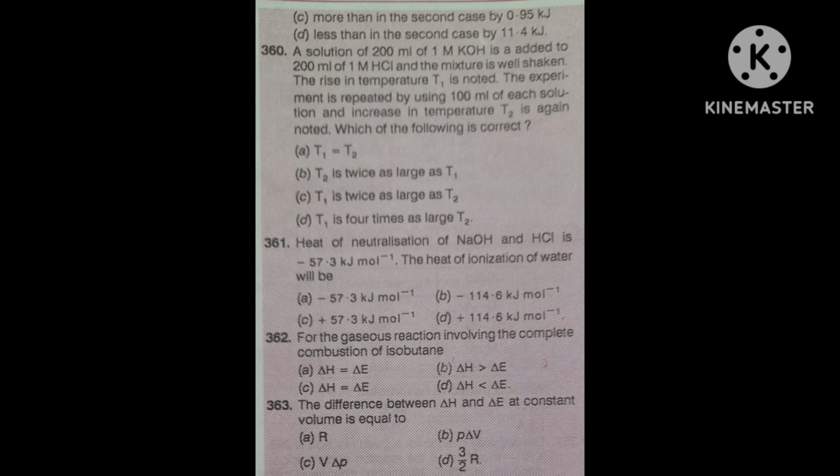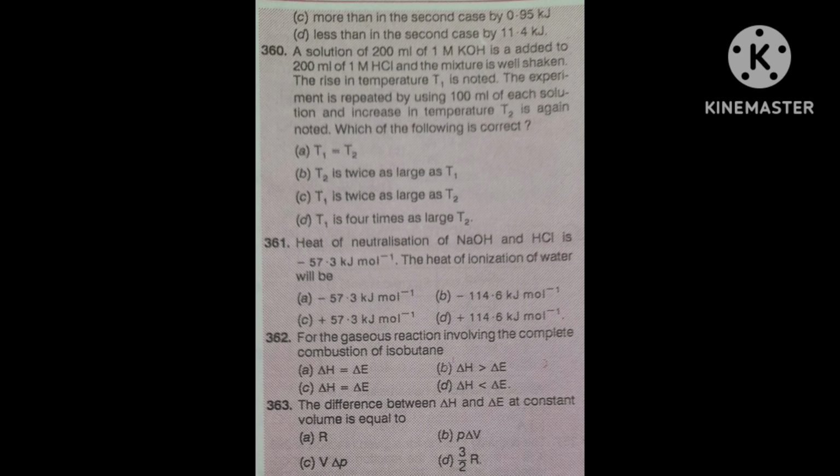Then delta H is equal to delta E plus P into delta V plus V into delta P. If you do differentiation of P into V at constant volume, you will get these terms.